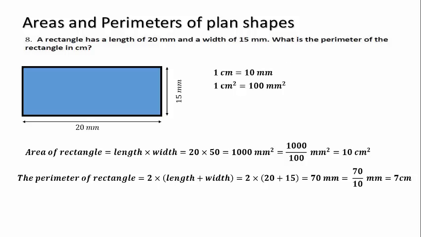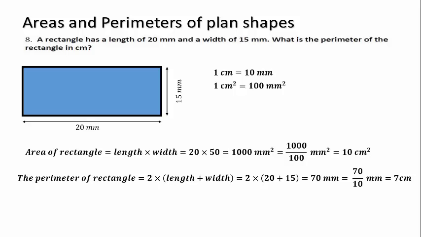We will deal now with a new topic. Areas and perimeters of plane shapes. Problem number 8. A rectangle has a length of 20 millimeters and a width of 15 millimeters. What is the perimeter of the rectangle in centimeters? Of course, we know that 1 centimeter equals 10 millimeters and 1 square centimeter equals 100 square millimeters.